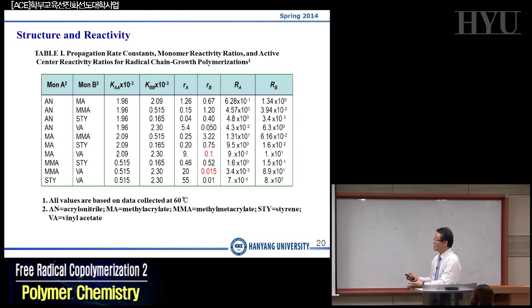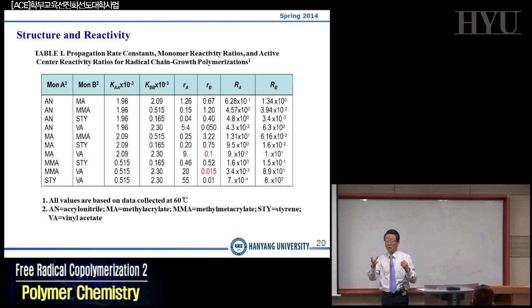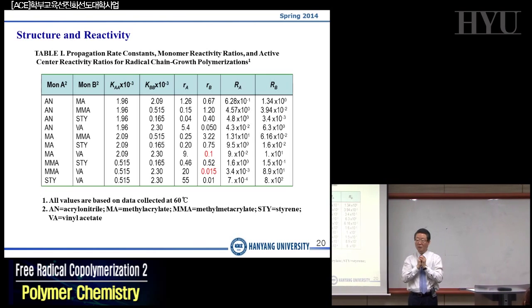So there are some trends. And that's the same for everything. If you change your monomer system from AN to MA or MMA, and change your second monomer, then everything is about the same. If you have a larger small RA, your large RA is always smaller than large RB.